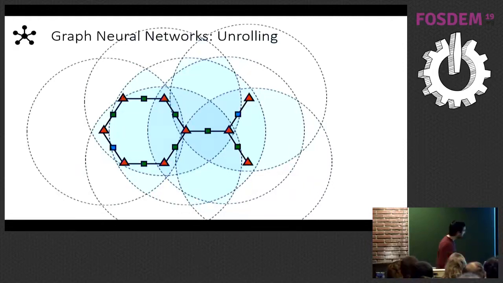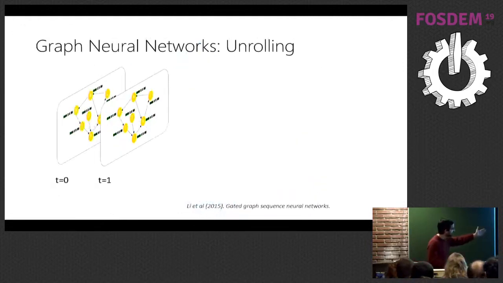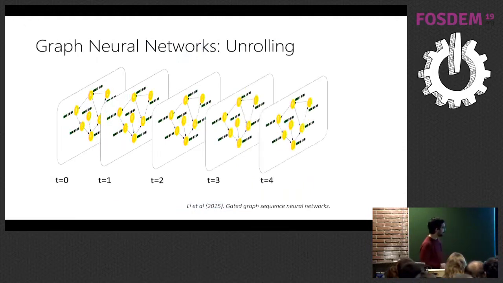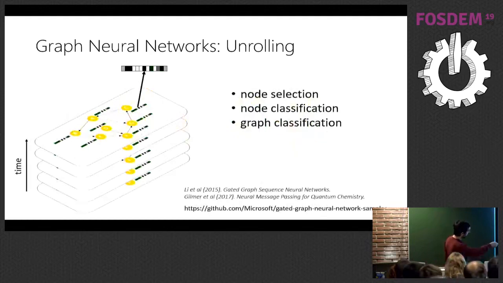Another way of viewing it is that you have the graph through time steps, and what happens is D and E pass messages to F, they also may receive messages, and this keeps repeating again and again in time. And the idea is that at the end of the day, the output of the graph neural network is that each node has a distributed vector representation. And the goal here is that you can do anything with this.